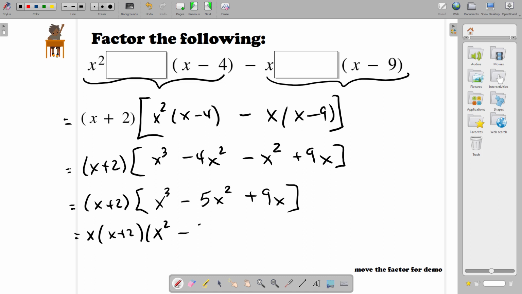Factor an x out from here, we're left with the negative 5x. And factor an x out from here, we're left with 9. So this original expression can be factored down and broken down into x times x plus 2 times x squared minus 5x plus 9.